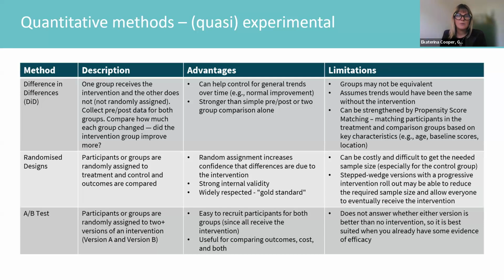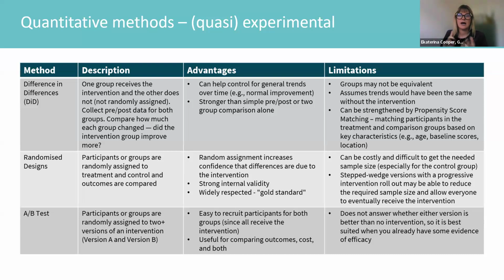So we potentially can, at the beginning, when we're planning a difference in differences design, start to think about how we balance groups, how we ensure that participants who are in our control group are equal or comparable at least to our intervention group.